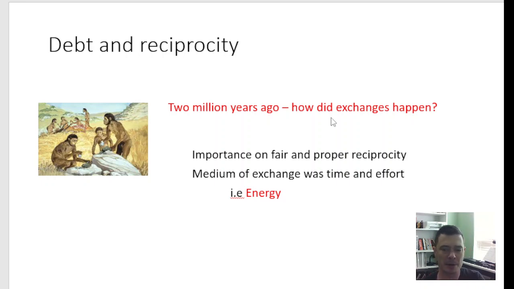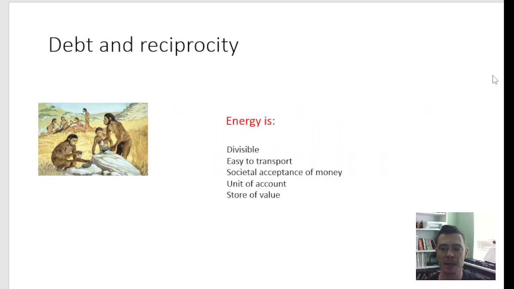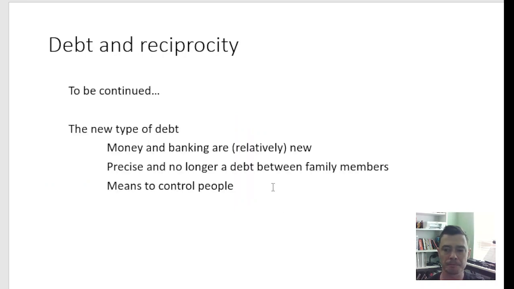And is the time and effort that you spent the same as what you're trading for? So it boils down to time and effort, which in a word is energy. And energy is also how the rest of nature exchanges. So both within a species and across different species, energy is nature's medium of exchange. And it also very nicely fits the definition of money.